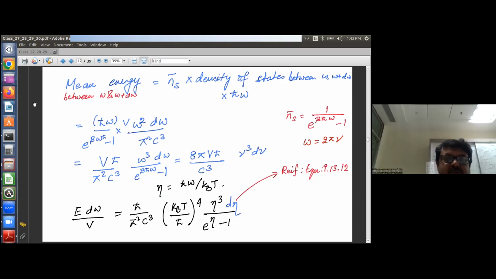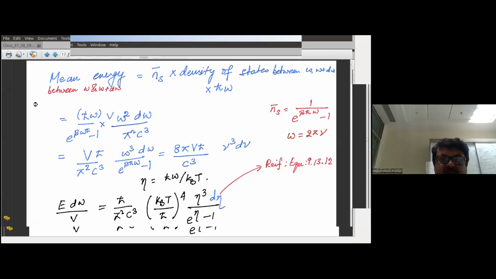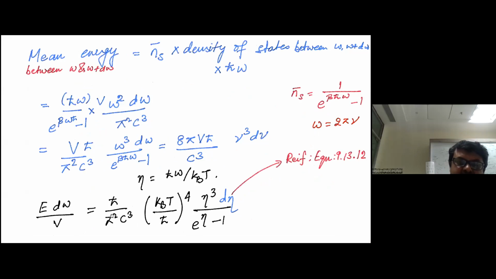Now, if you remember, here you have h cross. If you had to fit the curve, you have to fit the energy density coming from the entire black body radiation, and you would have to fit h cube, right? You can do it at different temperatures, so you define your h cross omega here.